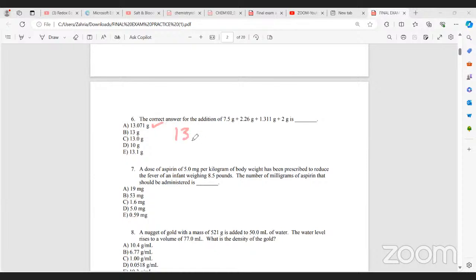But because we know the rule says we should not have any numbers after the decimal, all of this goes away, and our answer just simply becomes 13. However, what if we had 13.5071? Then guess what? Our answer will become 14. We'll have to round that off to 14 because that 5 will tell that 3 to go up to a 4.